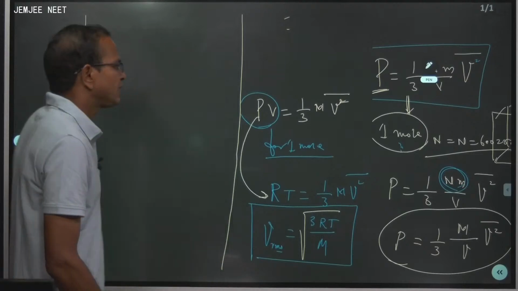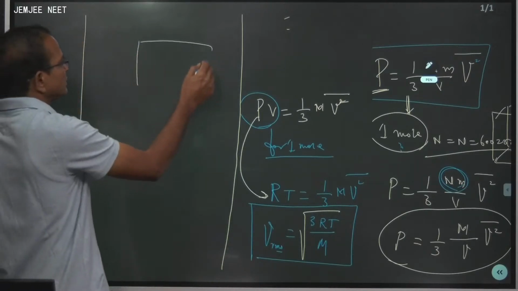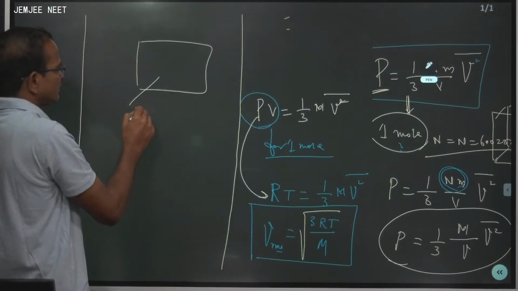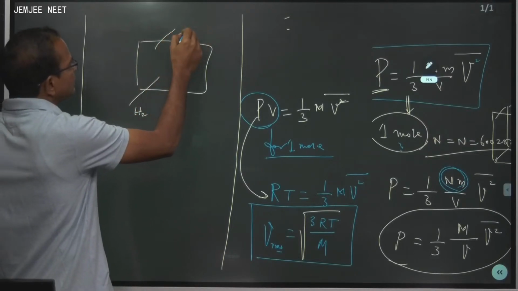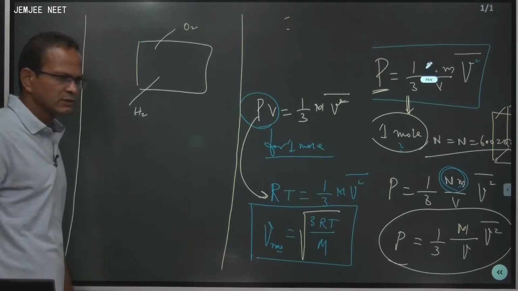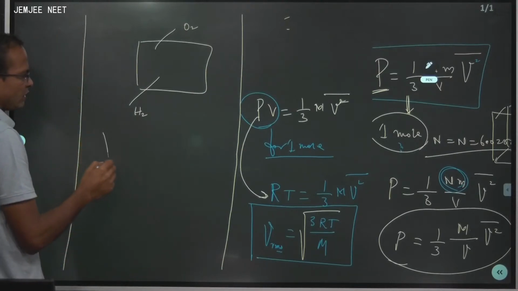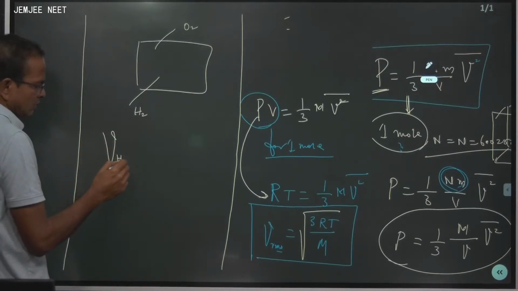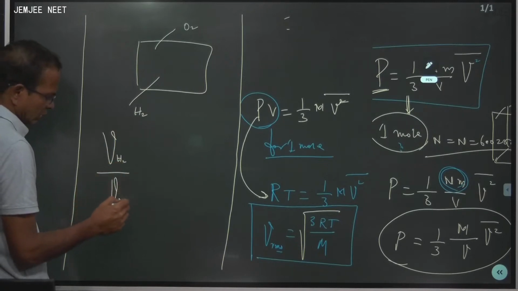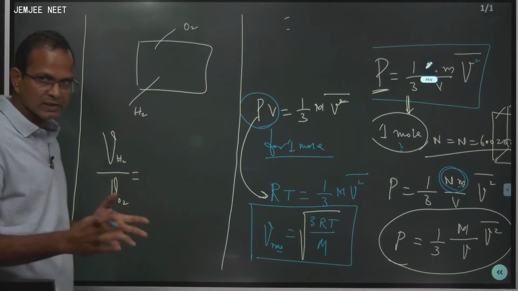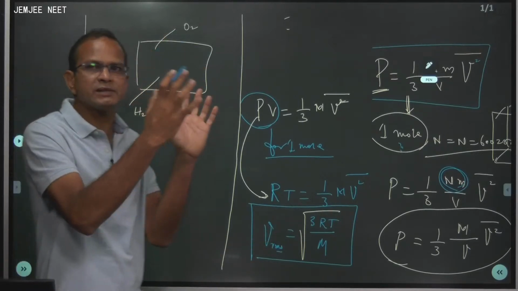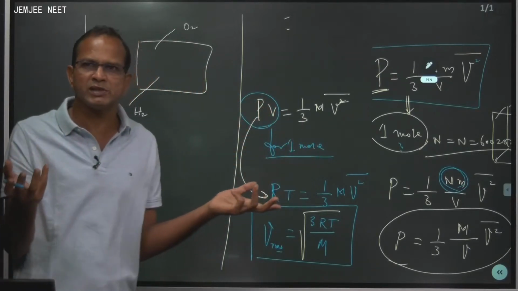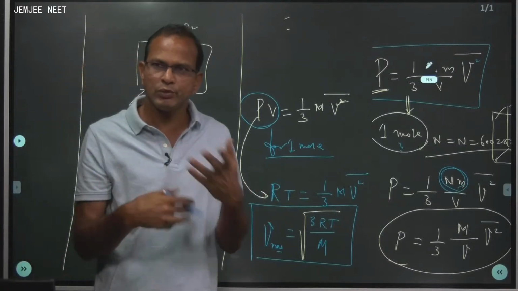For example, in this single box there are hydrogen molecules and oxygen molecules. Now, what is the ratio between the velocity of hydrogen and the velocity of oxygen molecules in the same box? Because I'm taking the same box, the temperature is the same.